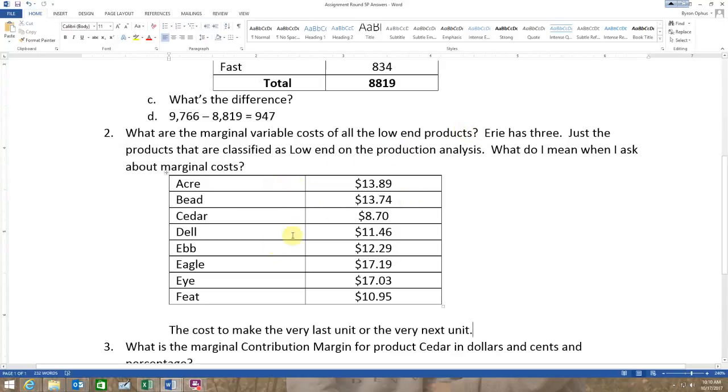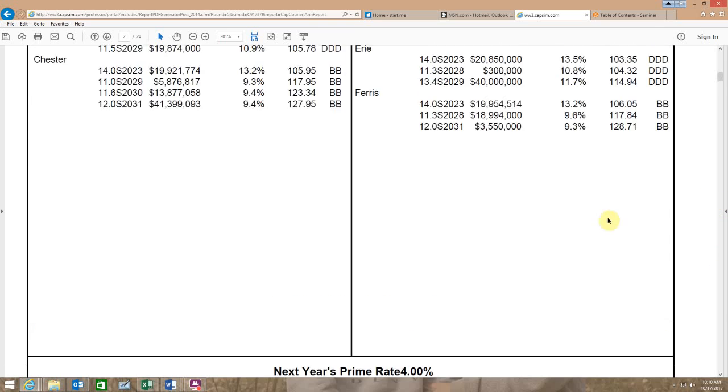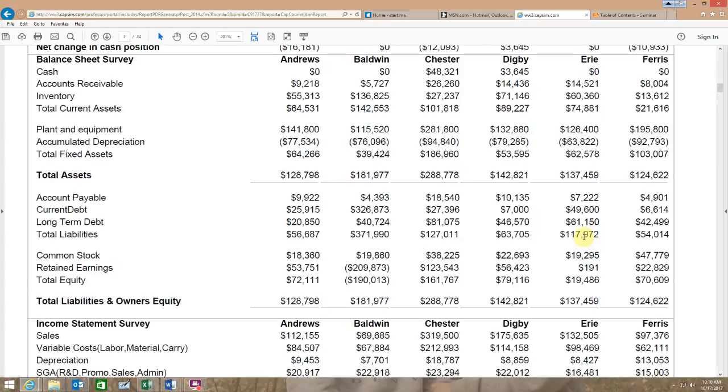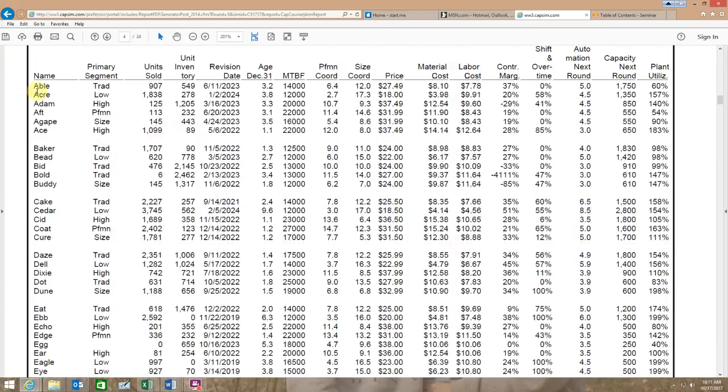So again, if you go down, we'll take a look at Acre at least, and maybe Bead. The production analysis is the best place to get this. Acre is our low-end product for Team Andrews, and I'm looking for the marginal cost.